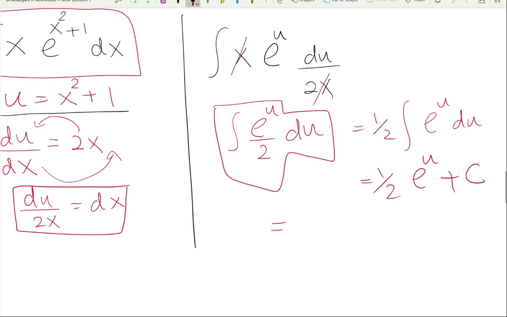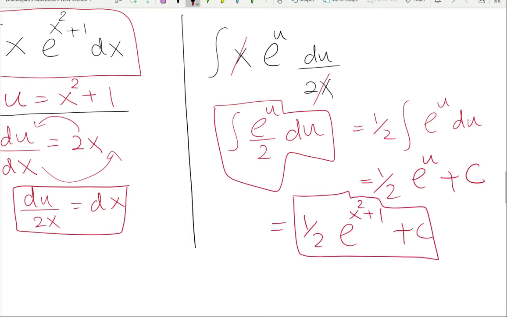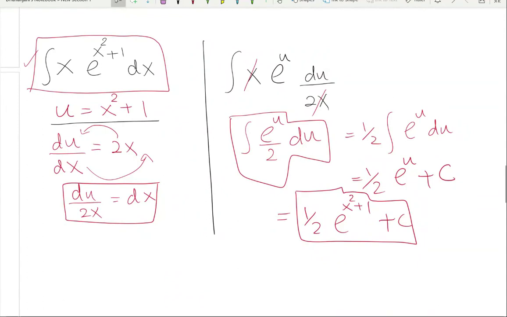The final step, once you are done with integration, is to replace u with the original variable x. Convert your answer to the original variable x. So here half, what is u? u is x squared plus 1, right? So this is your solution. This is what you get after you integrate x times e to the x squared plus 1.